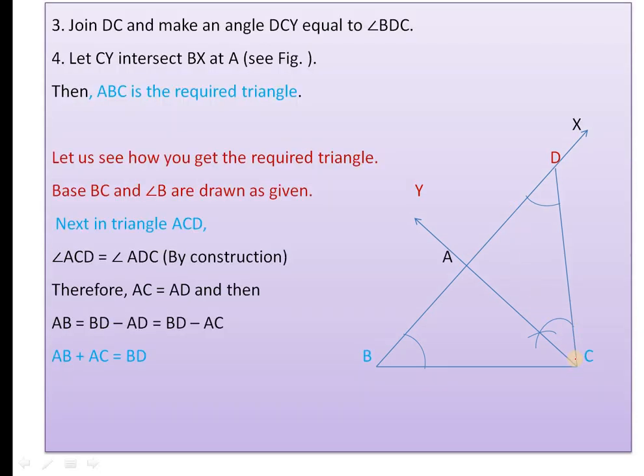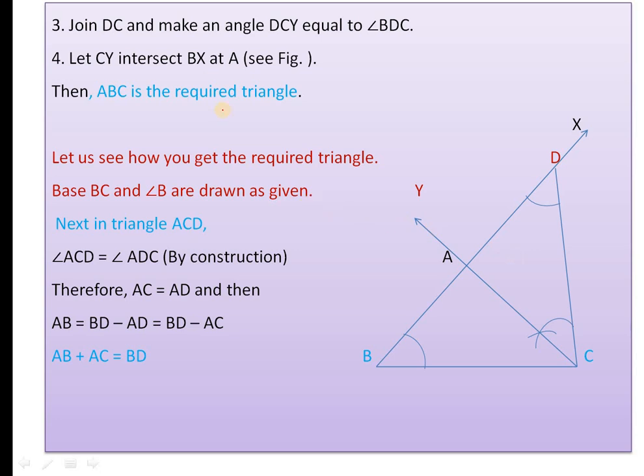Third step is join C to D. Join CD and make an angle DCY equal to angle BDC. We join CD and make angle DCY equal to angle BDC.